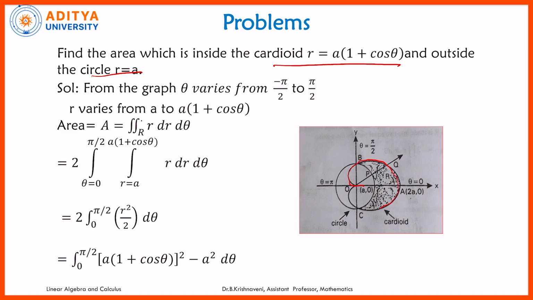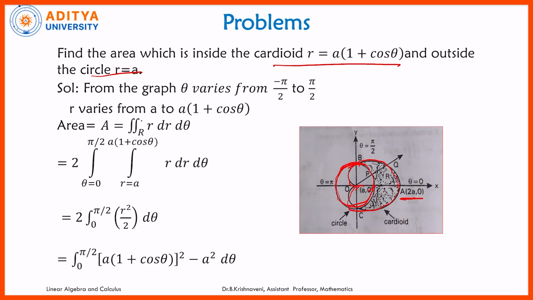This is the cardioid. And the circle r is equal to a. So for the cardioid, this point is 2a comma 0, and here it is exactly a comma 0, hence we need to draw the circle in this form.